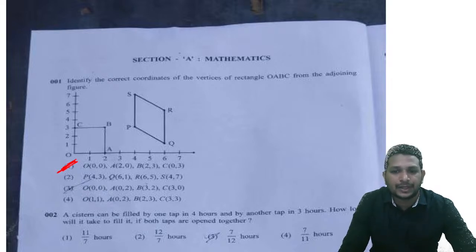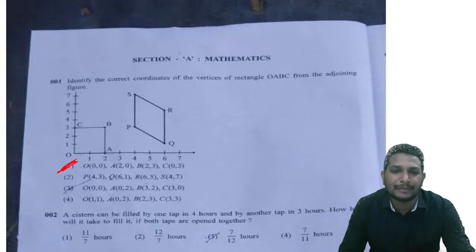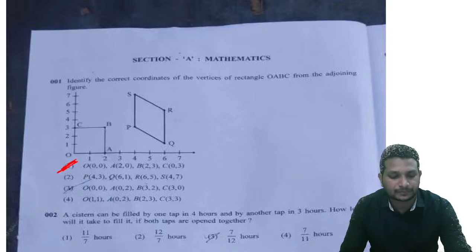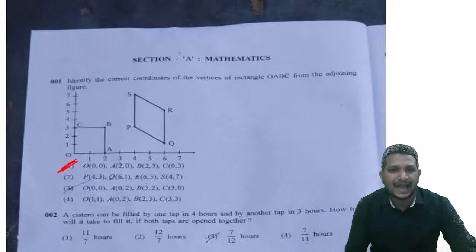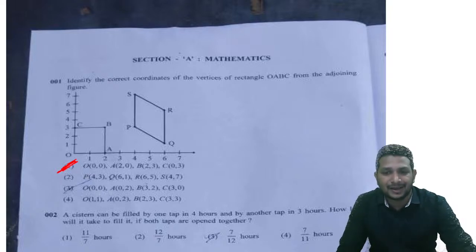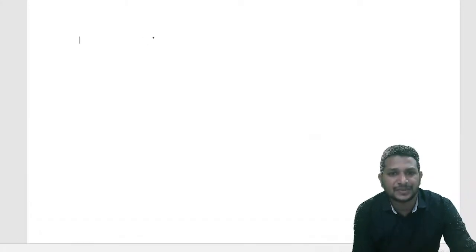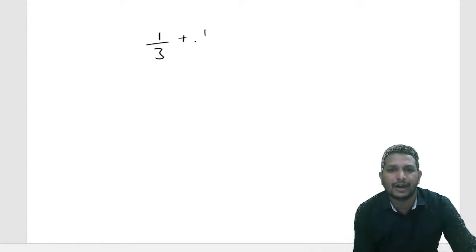Question number 2. A cistern can be filled with one tap in 4 hours and by another tap in 3 hours. How long will it take to fill it if both the taps are opened together? This is related to time and work application. As they gave the taps, they can complete in 4 hours and 3 hours. So 1 by 3 plus 1 by 4.